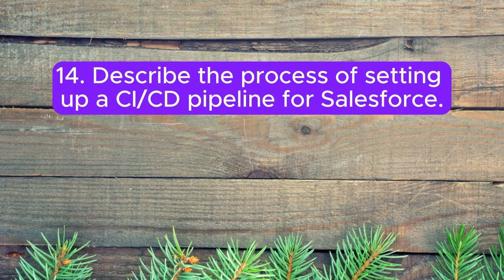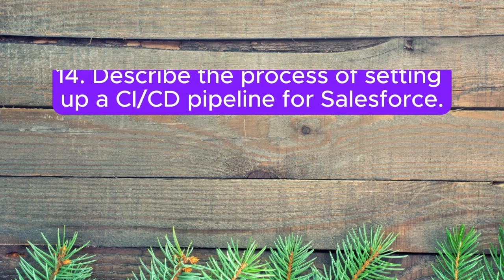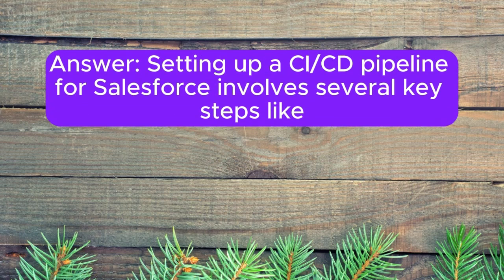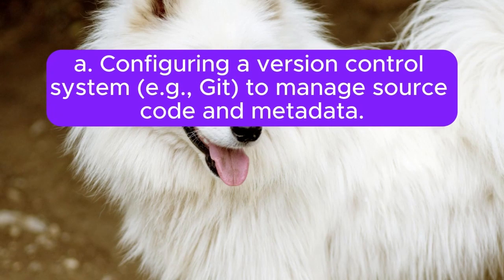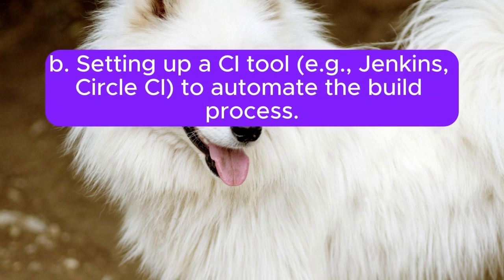14. Describe the process of setting up a CI or CD pipeline for Salesforce. Answer: setting up a CI or CD pipeline for Salesforce involves several key steps like A. Configuring a version control system, for example, Git, to manage source code and metadata. B. Setting up a CI tool, for example, Jenkins, CircleCI, to automate the build process.